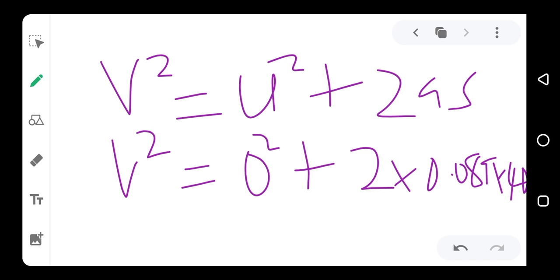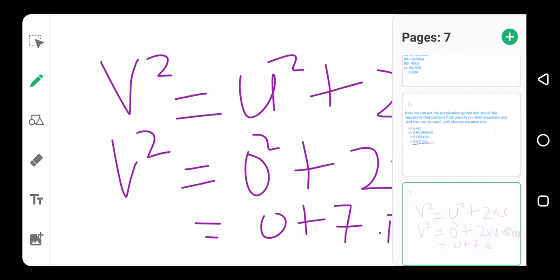So 0 squared is equal to 0. This is equal to 0 plus 2 times 0.089 times 40, which gives us 7.12.